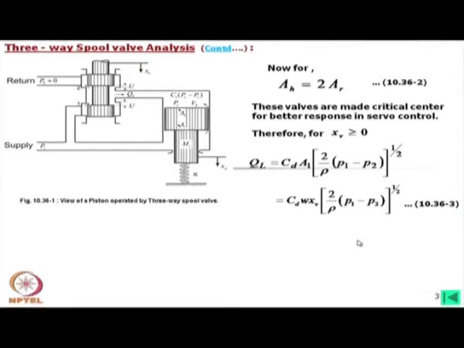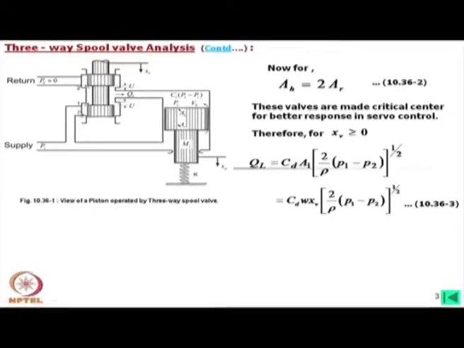Now, for that critical center valve, if you recall our earlier general analysis for this spool valve, then the load flow can be written in the form of coefficient of discharge into A1, the area of this orifice, and then square root of 2 divided by rho, the density of the oil, and then P1 minus P2.